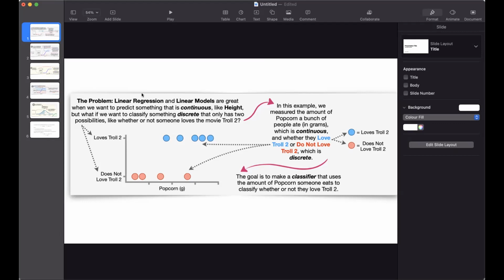So why can linear regression not handle this? Obviously, it is a classification model, so its values cannot be continuous. It should be discrete. It should be either he loves Troll 2 or he doesn't love Troll 2. It cannot be like 0.7% he loves Troll 2.